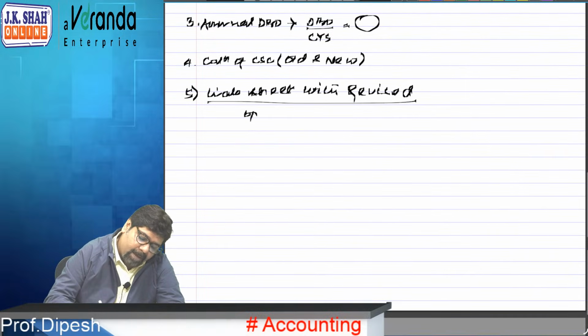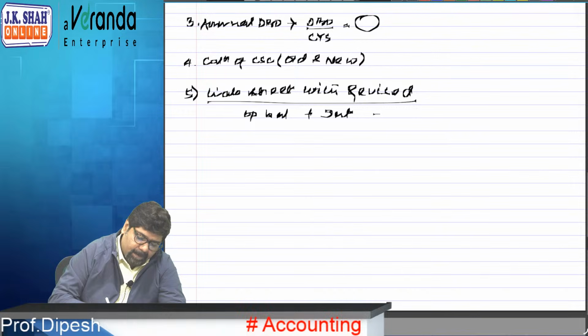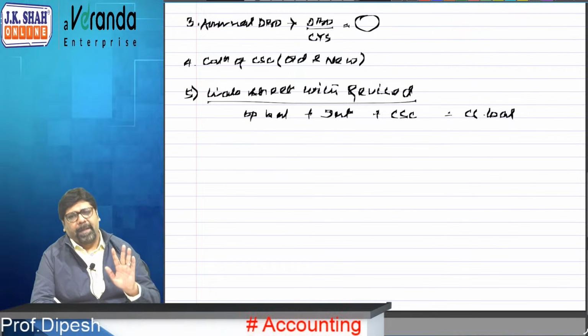So opening balance, add interest, plus CSC is equal to closing balance. Correct? This you will do for the full period.